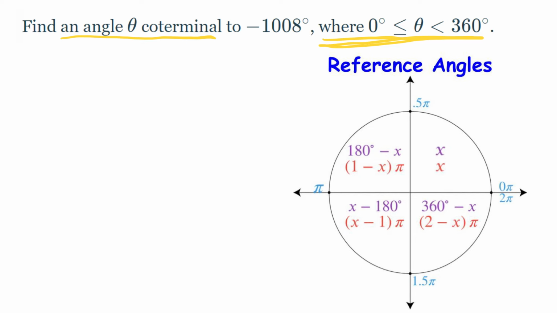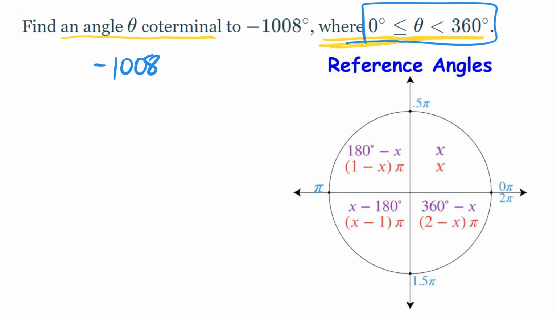So we have an angle measurement that is at negative 1008. So we have rotated clockwise from 0, and we're going to keep rotating just like you see me doing there. What we do if we're looking for a coterminal angle is we simply add 360 until we fall in the range that we are given.